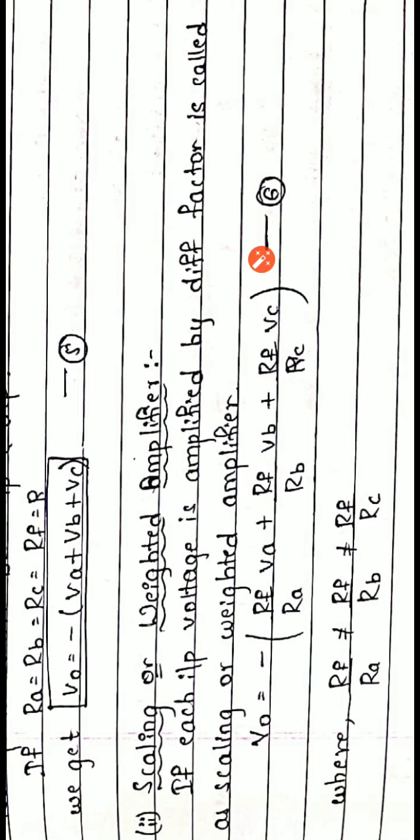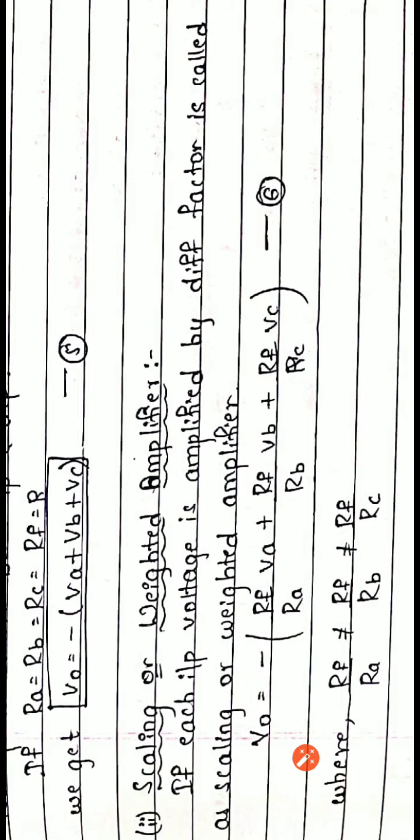So if I choose VA as the input, then you have to select the values of RA and RF completely different from RB and RC. That is called a different factor. We call it scaling, or a weighted amplifier.